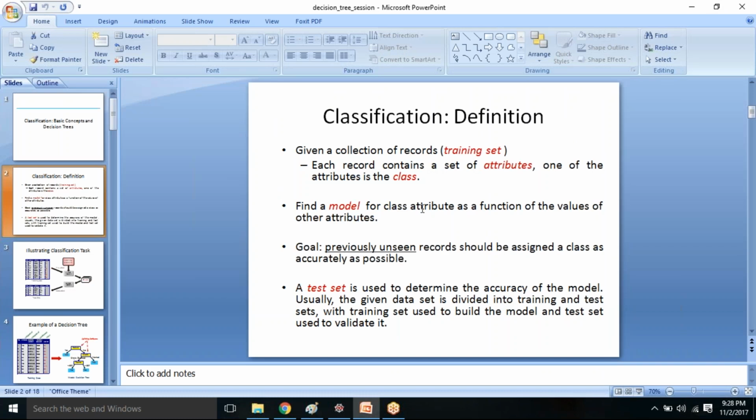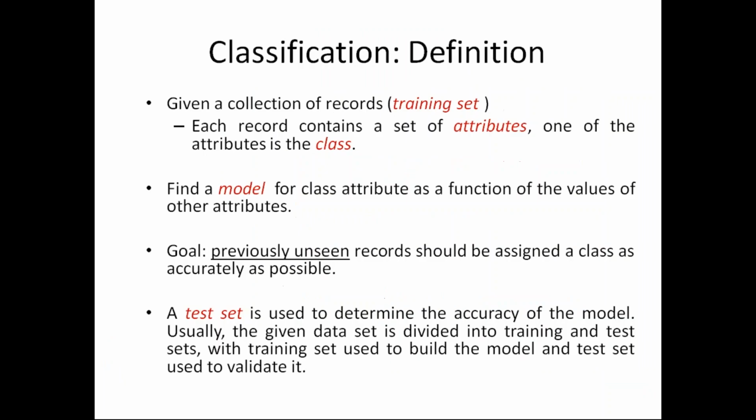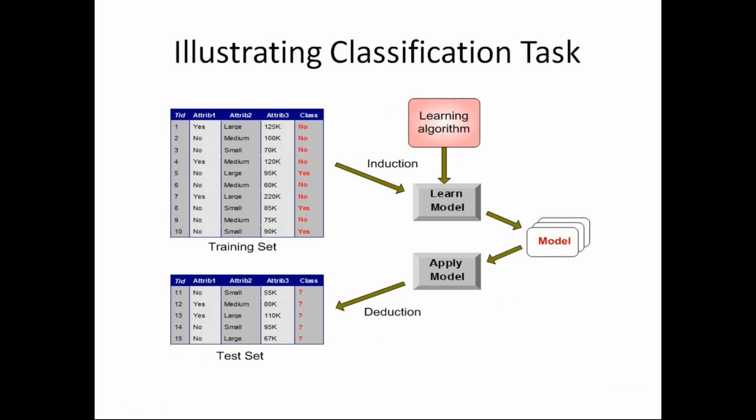Okay. Now in a decision tree, what happens? Basically what you will be doing is, see, this is a training set, which you can see there are three attributes and the class is given, yes no like this. Okay.